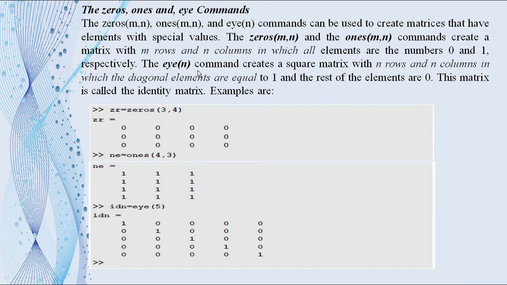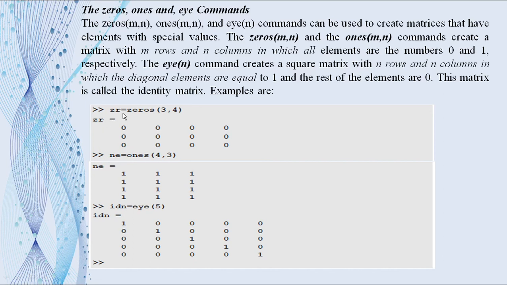The eye of n command creates a square matrix with n rows and n columns, in which the diagonal elements are equal to 1 and the rest of the elements are 0. This matrix is called the identity matrix.